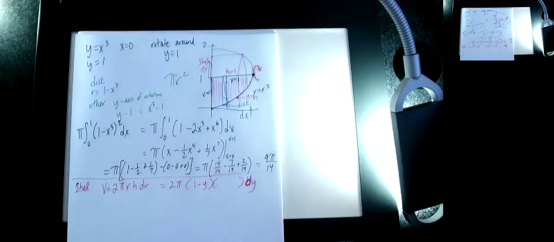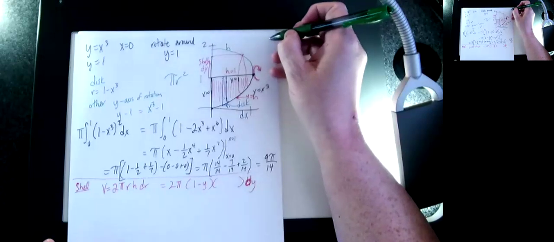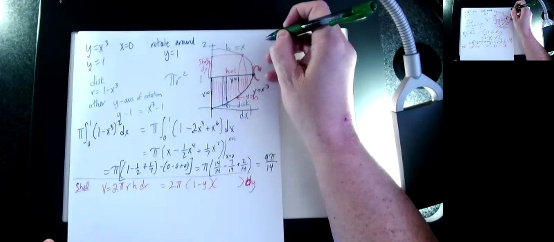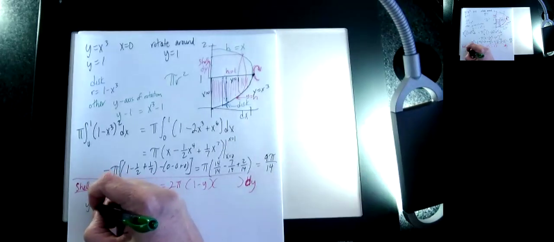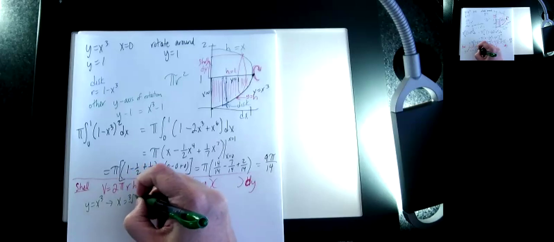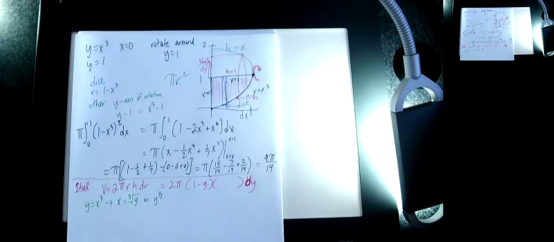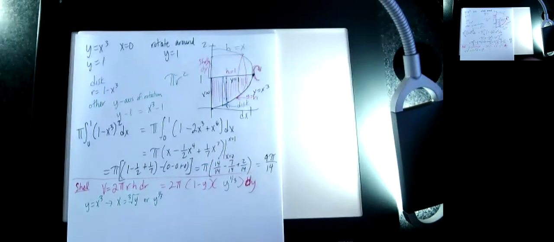My height is going this direction, so my height is in terms of X. So I want to rewrite Y equals X cubed in terms of X. X equals cube root of Y, or Y to the 1/3 is probably the easier one to do. That's my height.